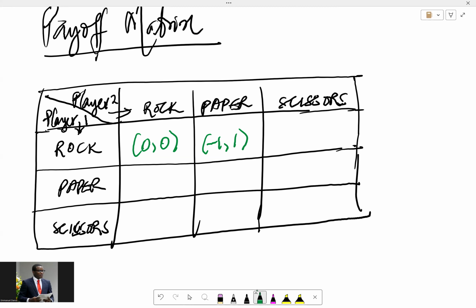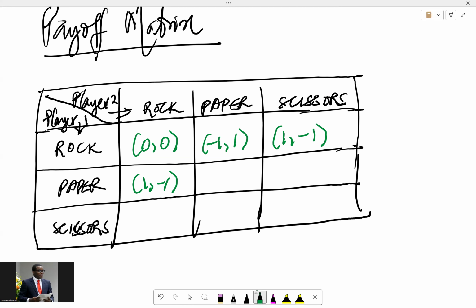Paper is a better strategy than rock, so to speak. All right. Then if player one goes rock and player two goes scissors, rock wins over scissors, so player one gets one and player two loses a point. Okay. And when we come down, if player one goes paper and player two goes rock, player one gets a point because paper wins over rock, and player two gets -1 point.